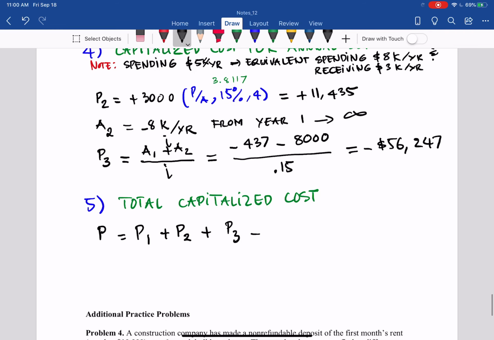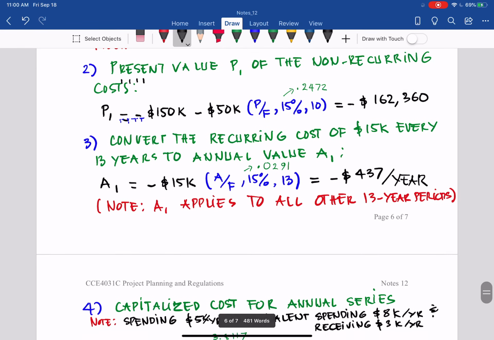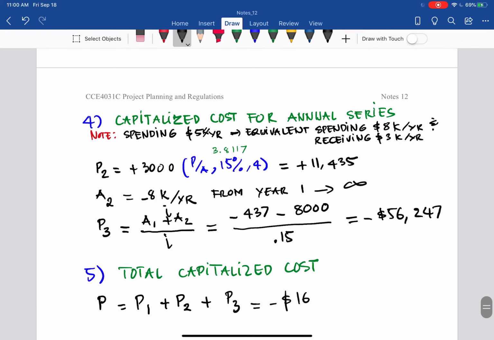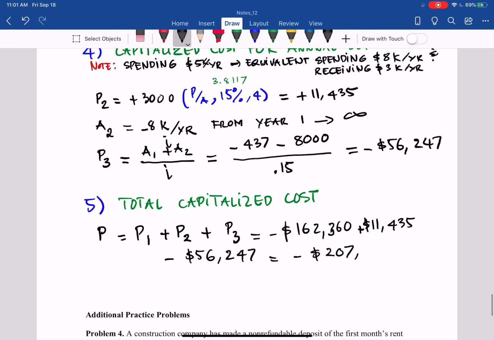So P1 is negative 162,360, P2 is plus 11,435, and P3 is negative 56,247, and that equals negative 207,172.